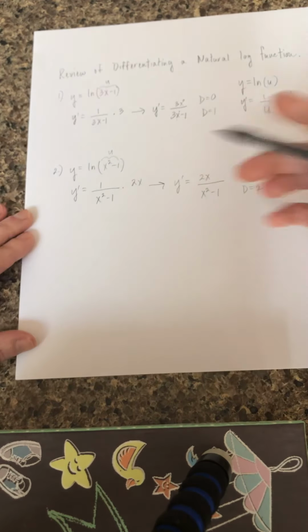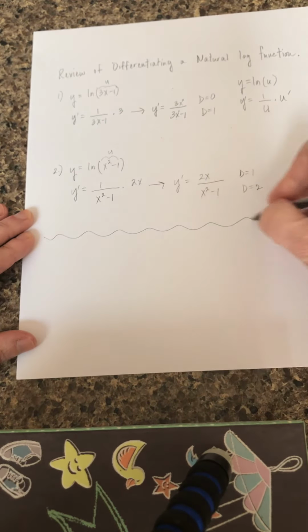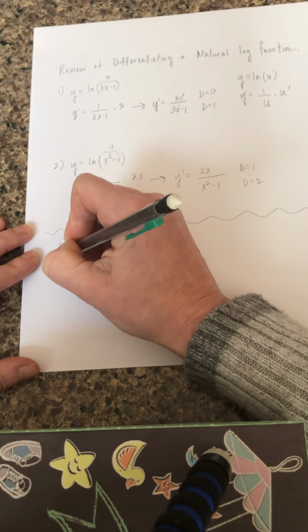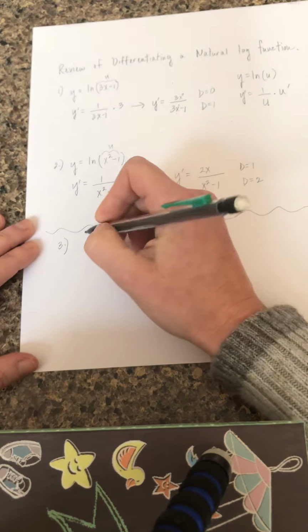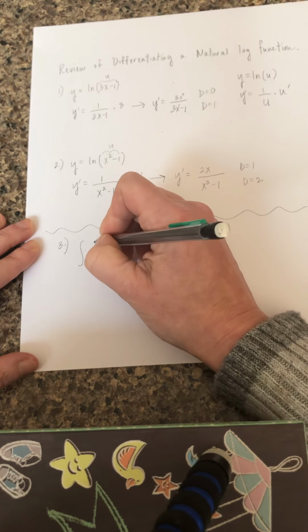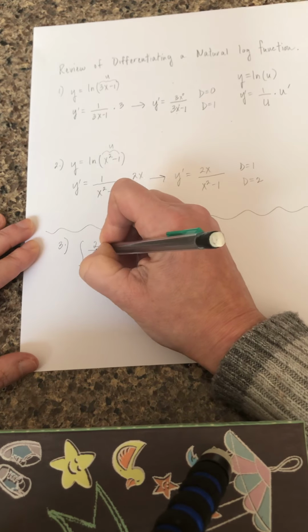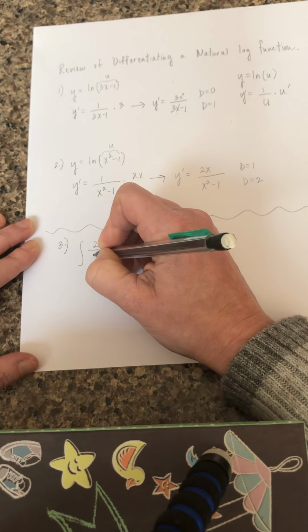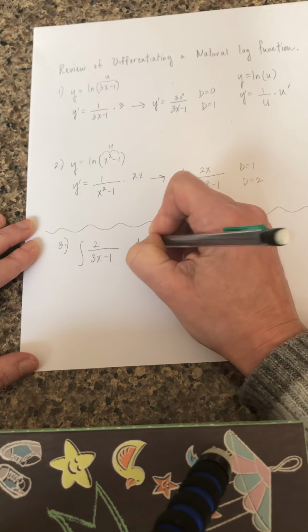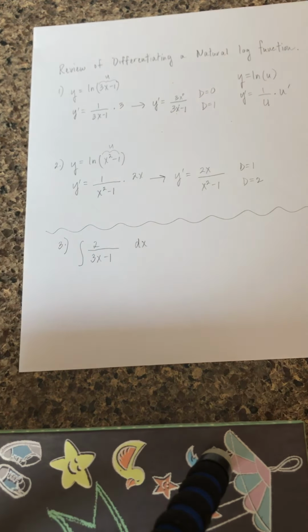So now we're going to change our thought process, and now we're going to go back to integration, right? So we're going to integrate 2 over 3x minus 1, okay? And then we would have to look at this and try to figure out what to do with this.